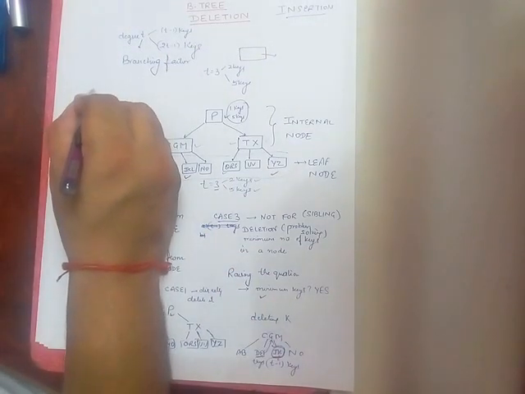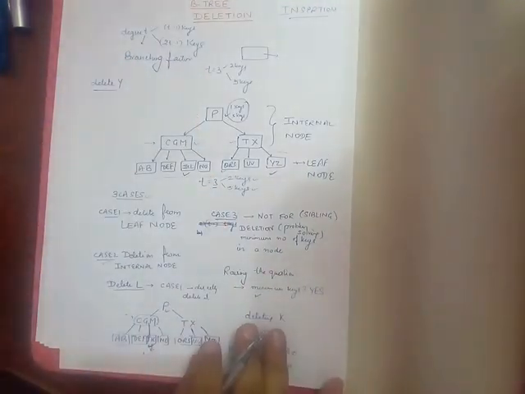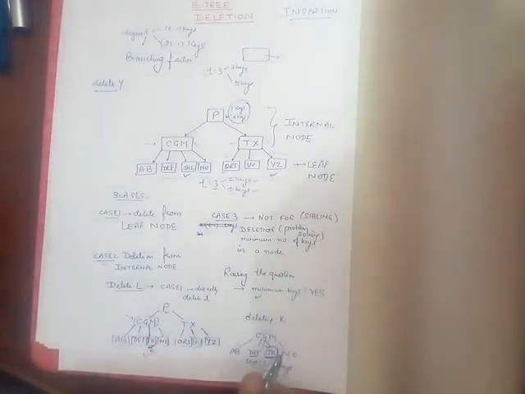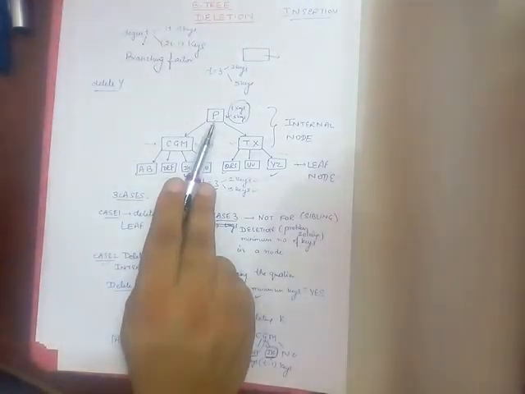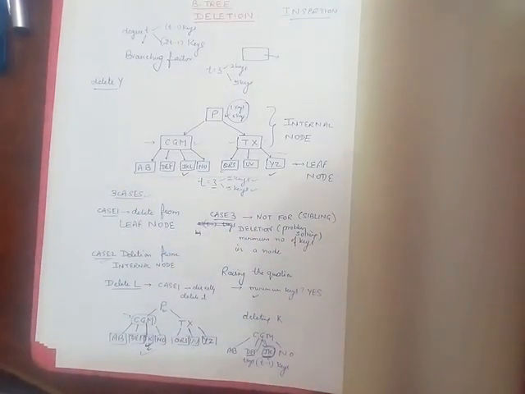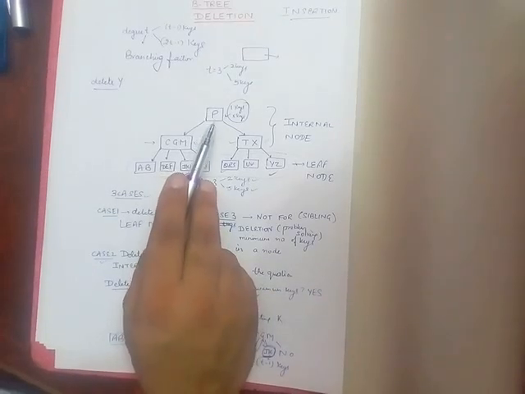How are we proceeding? First we consider the root. We are saying that the minimum number of keys is possible here. Actually, in this example I am also explaining one more example of case 1 to understand the problem in a better way.